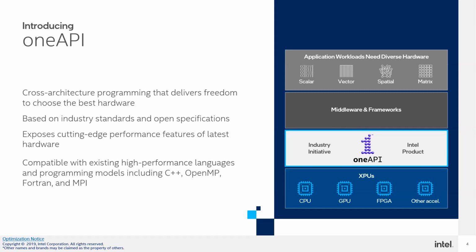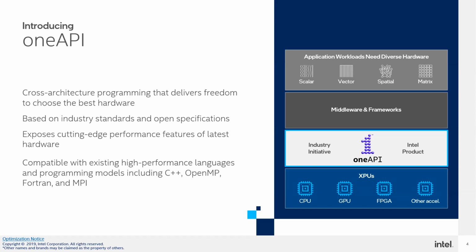So oneAPI is a foundational programming stack, and it's used to optimize the middleware and frameworks that sit on top of it, including multiple AI frameworks like TensorFlow, PyTorch, scikit-learn extensions, and so on.